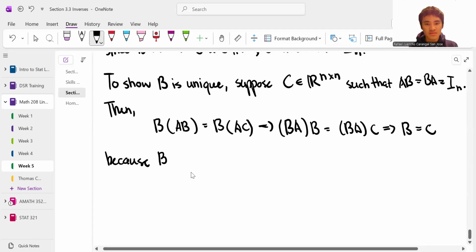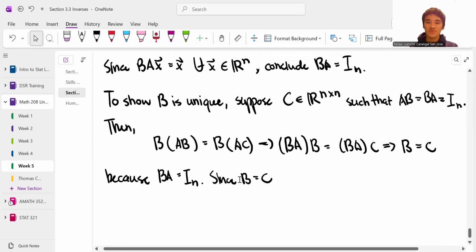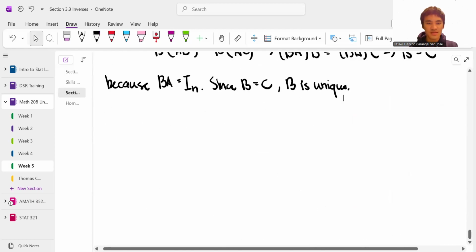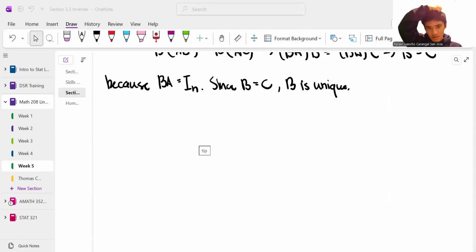Because BA is just the identity. And since B equals C, so it's really just one-to-one. That's what it means to be unique. Cool. That's how we do a proof. Okay.